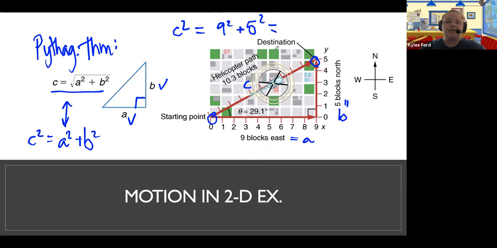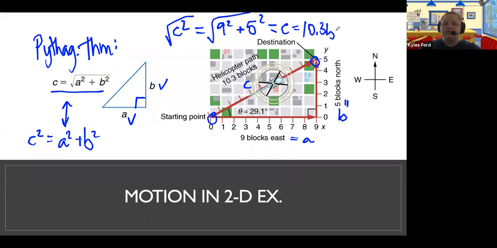Use your little calculator, and you can also square root both sides right from the beginning. So my C is now going to be, well, it should be 10.3. I guess I could actually do this and check. Yep, 10.3 blocks.